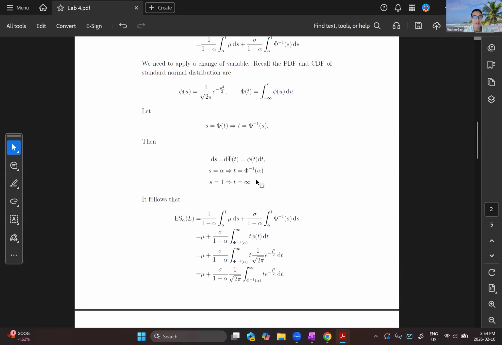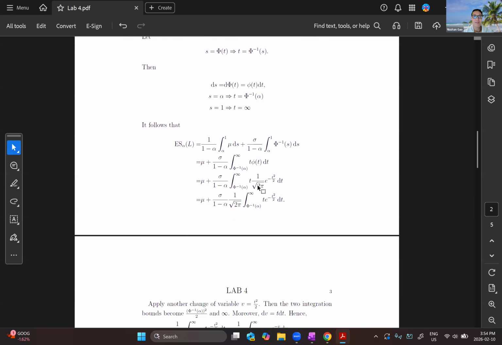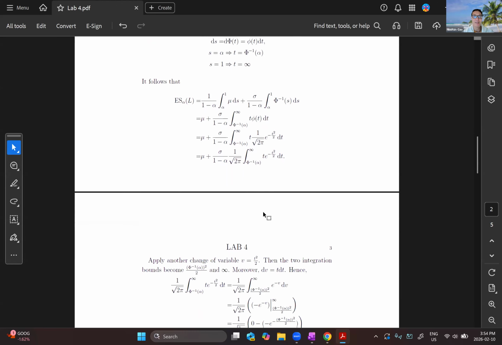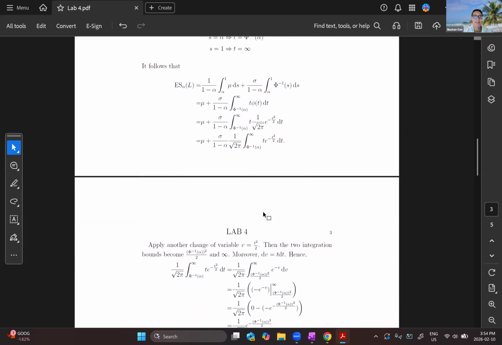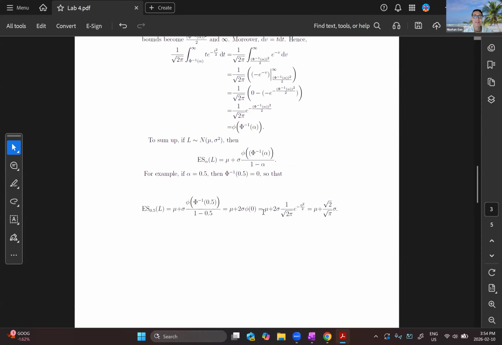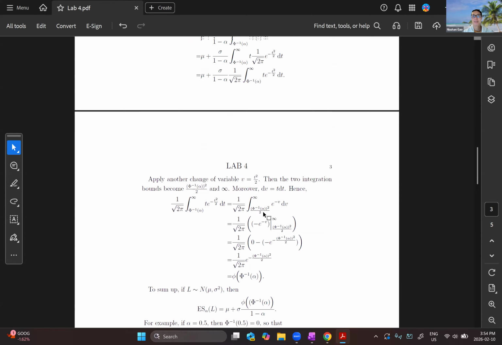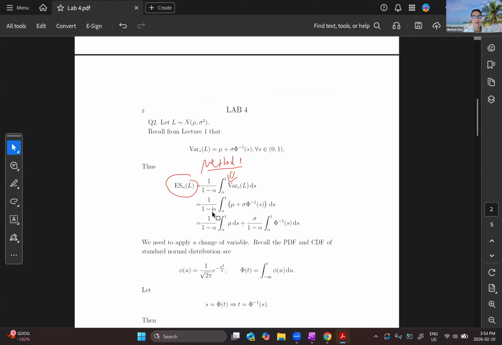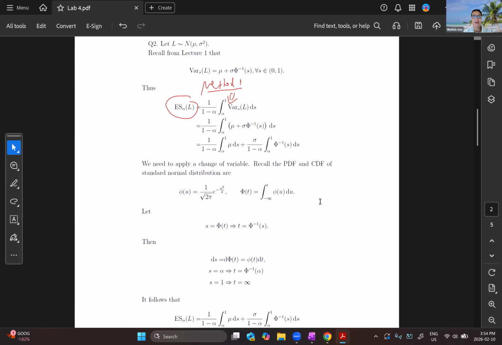And you do some change of variables, eventually you come to this part. Well, you have to simplify the integrals, right? So here, what I'm doing is that I use s equals phi of t to do the change of variable.